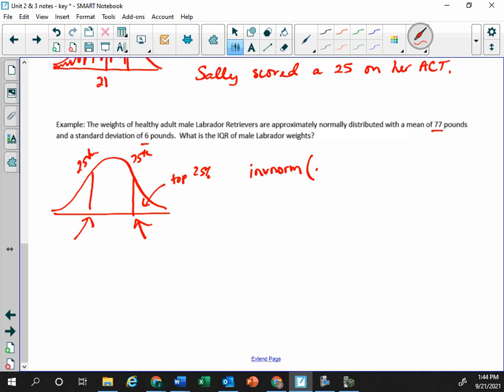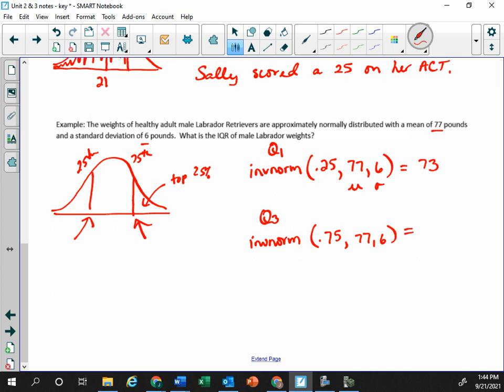For the Q1 value, that's what this first one is, I'd have to do 0.25, then 77 and 6 for sigma, and I got around 73 pounds for that. And then for my Q3, I didn't have right and left, so I'd do 0.75, 77, 6, and I got about 81 pounds.